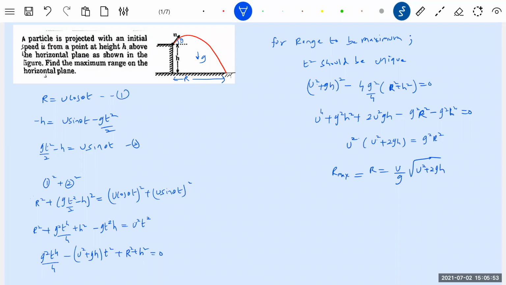Ask the third line, where did you get the 2u square g into h from? This one? Yes, sir. Expanding this one, no. A plus b whole square, a plus b whole square formula. Sorry, sir. Okay. Finish. No problem here. I'll underline it.